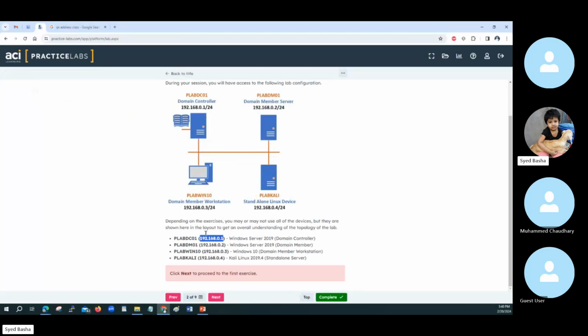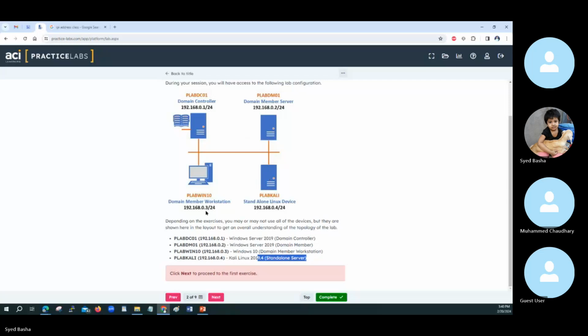Machine 01 is a Windows server, and 02 is another server. This one is a domain controller, but the second is a member of this domain. Then a Windows 10 normal workstation, like us, but a member of this domain. There is a fourth machine, which is Kali Linux, a standalone machine. It's not a member of the domain, but it's connected to the network.